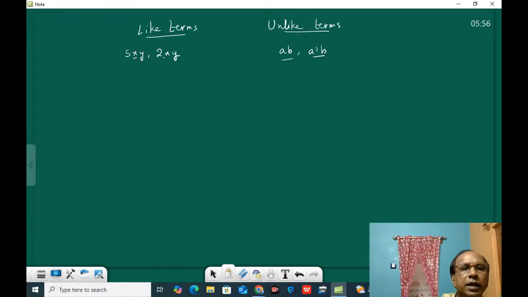This is x and x. This is y. The power is also the same. This is 1. This is 1. These are like terms. Or you can say that terms having the same literal coefficient are called like terms. Suppose we are writing 2xy, 5xy.